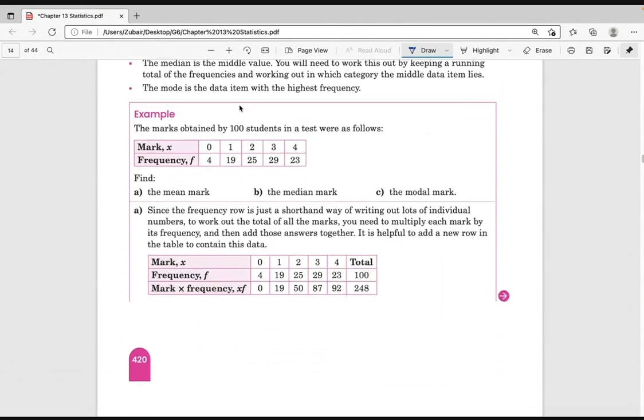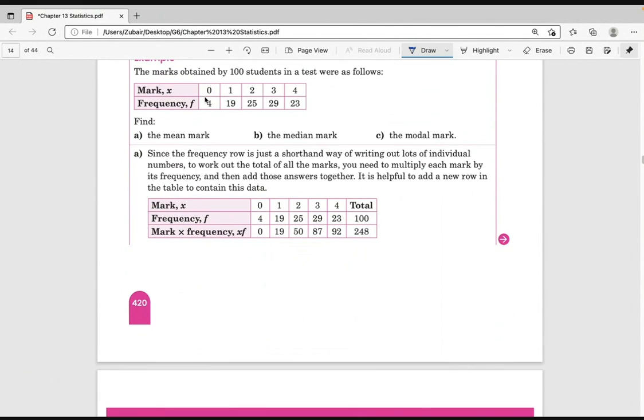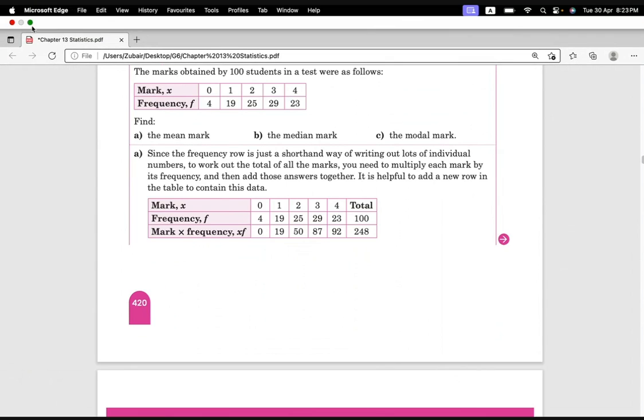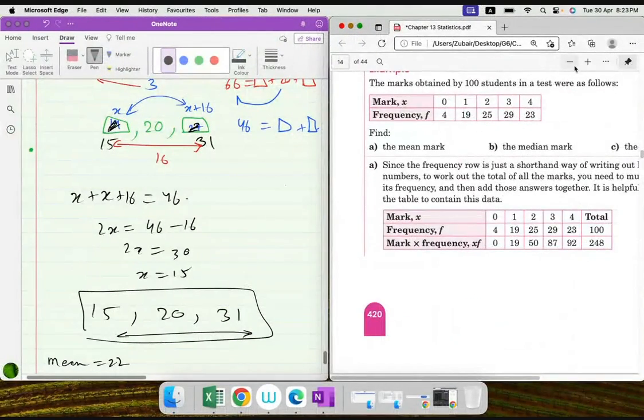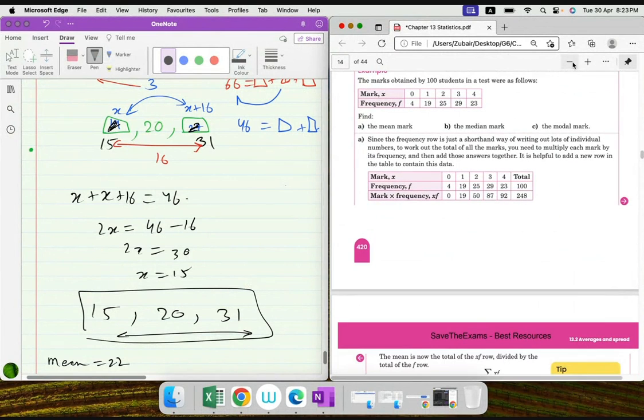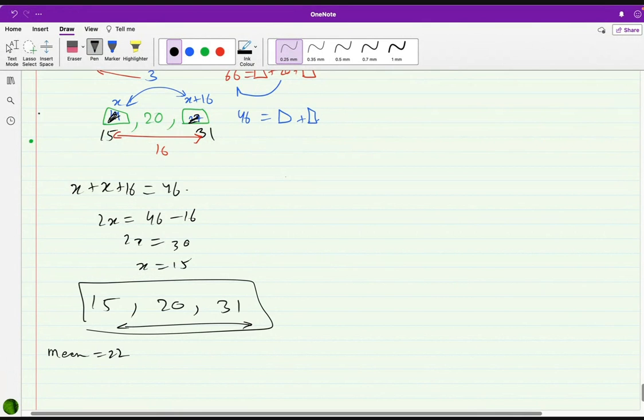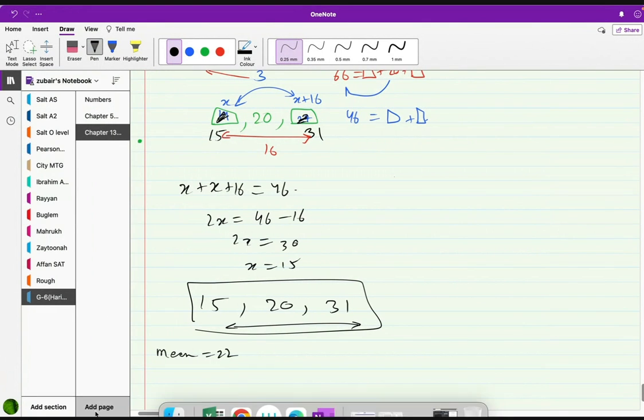So straight away when we come on to the example, okay, no, sorry, this is just mean median mode. So how to find mean median mode from the tables? This is it.